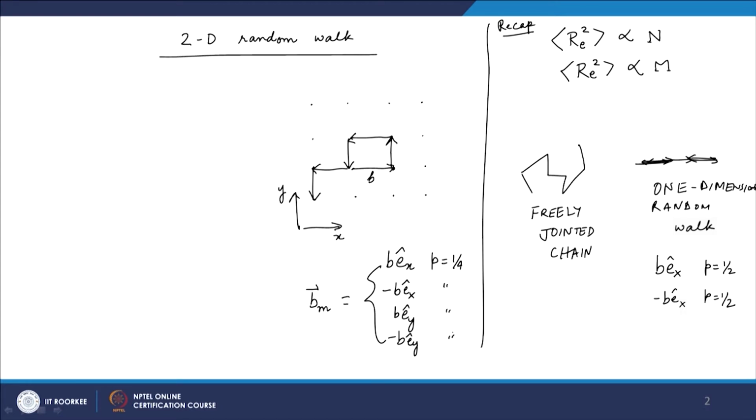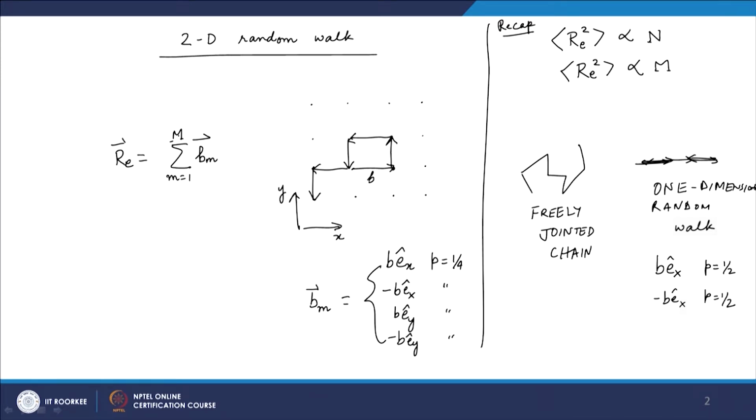Okay. And what we can still see is that my end-to-end distance vector will again be the sum over the bond vectors, where I sum over all the segments.